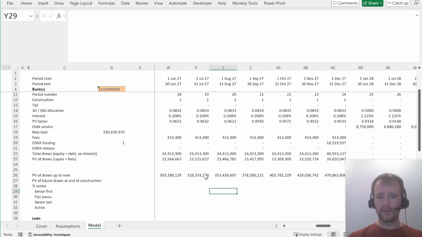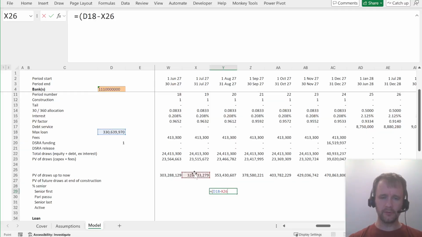So we're going to say the present value of everything up to now is this amount, and so we should be able to say what percent we are going to fund in this period of this 23 million whatever, and that should be this minus this.